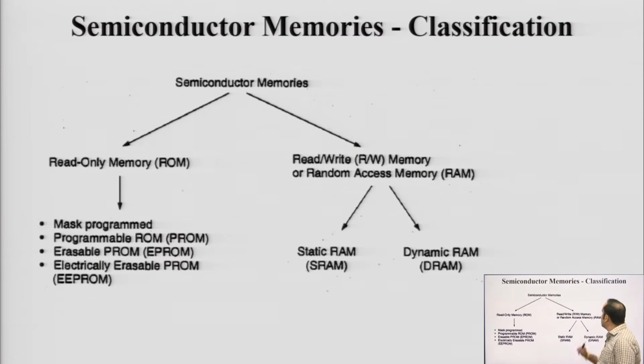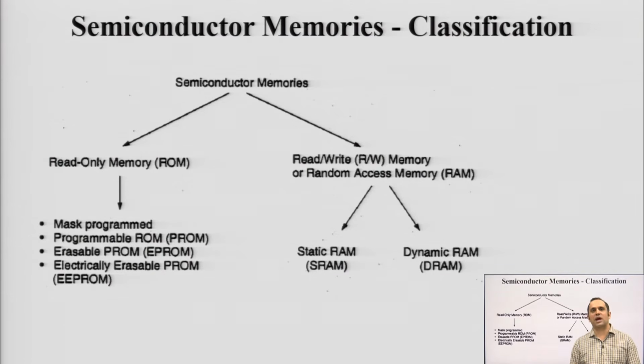And the next is what is known as read write memory or a random access memory system. ROM, as the name suggests, read only memory, basically means that you can only fetch the data and you cannot update it.